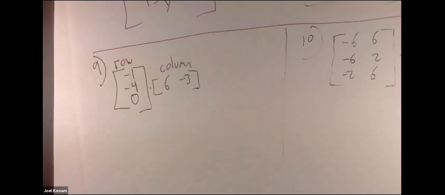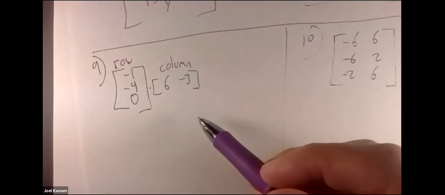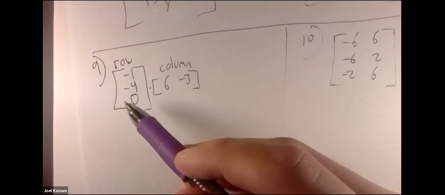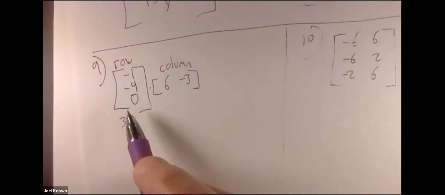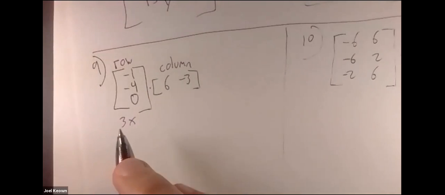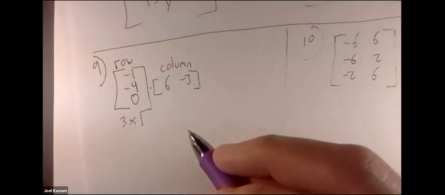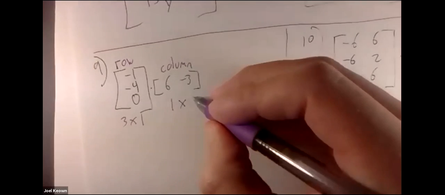Underneath the matrices, I want to write down what the dimensions are. You know, my dimensions are height by width. So this one has a height of 3, or 3 different rows, by only a width of 1, or 1 column. This one has a height of 1 and a width of 2 columns.